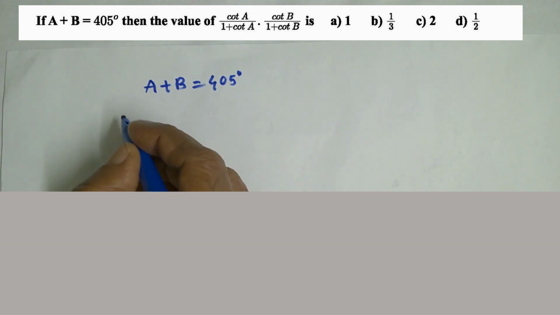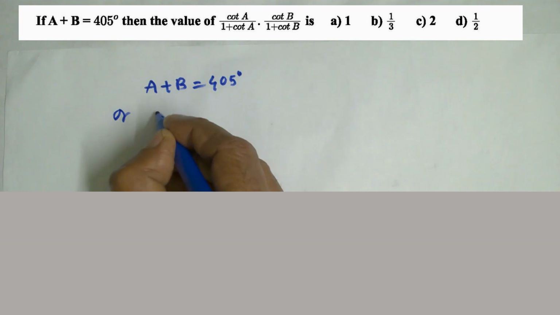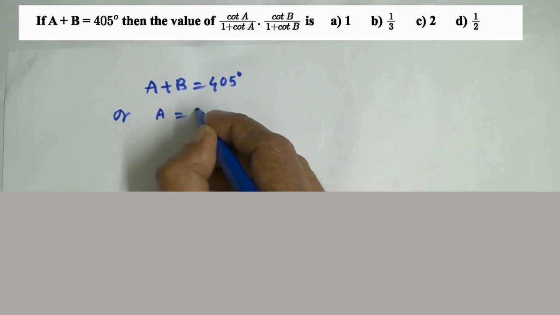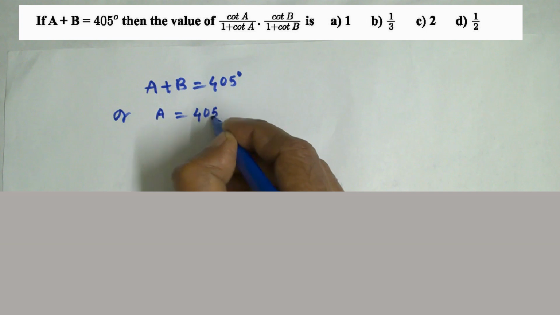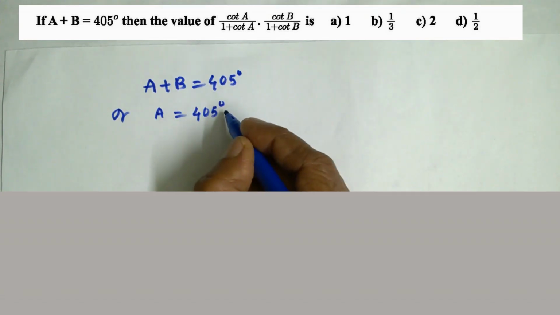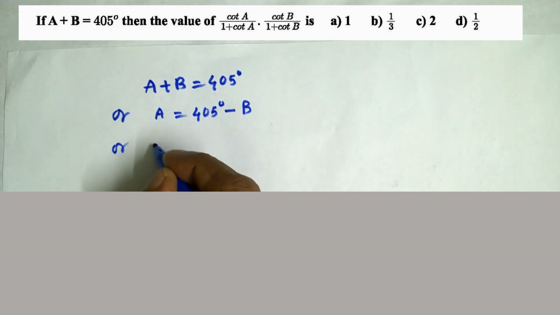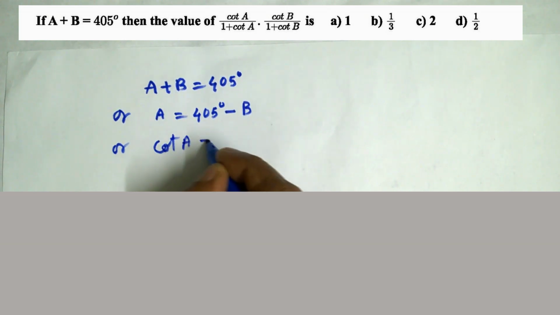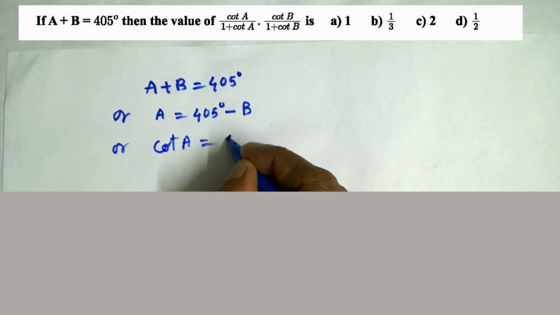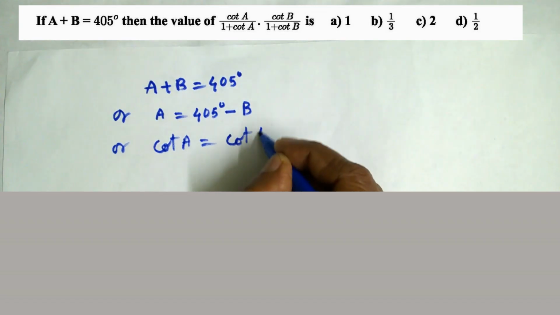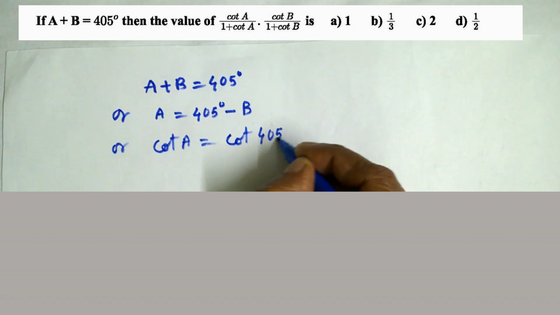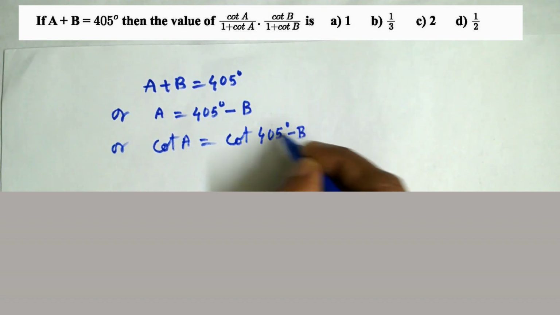So we can do it this way. Writing a is equal to 405 degrees minus b. From here we will find cot a. Operate cot on both sides. That means cot a is equal to cot of 405 degrees minus b.